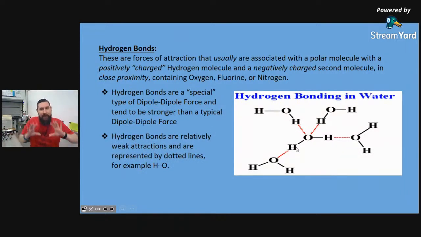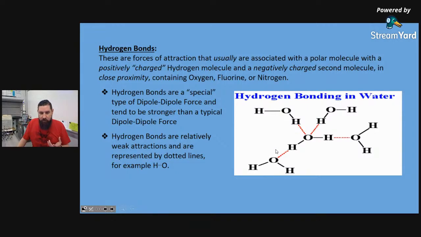But even still, hydrogen bonding is a relatively weak attractive force in comparison to network covalent solids. Okay, again, I think about that scale, network covalent solids are way up here, hydrogen bonding is down here, and then dipole-dipole below it. Okay, and when we denote hydrogen bonding, we use these little dots.